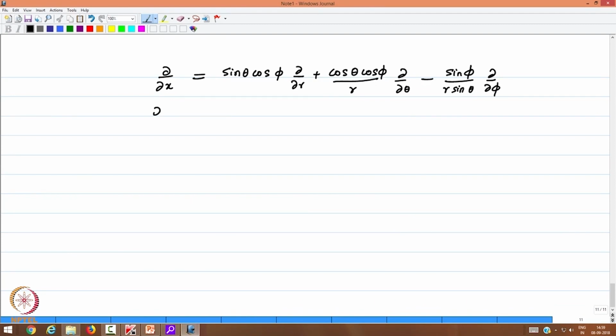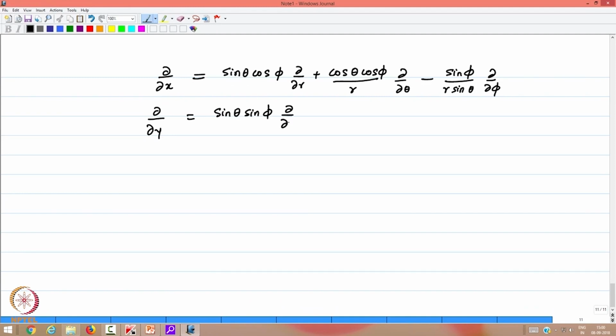And likewise for the operators, dou by dou y is sin theta sin phi dou by dou r plus cos theta sin phi by r dou by dou theta, partial derivative, plus cos phi by r sin theta dou by dou phi.